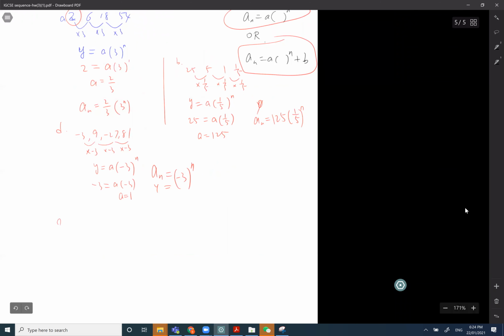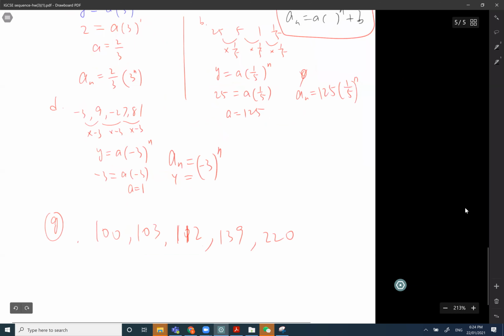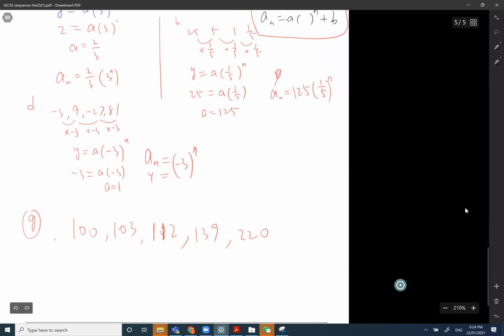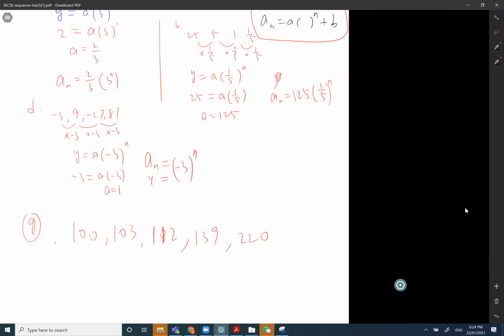G. 100, 103, 112, 139, 220. Find the formula of this.